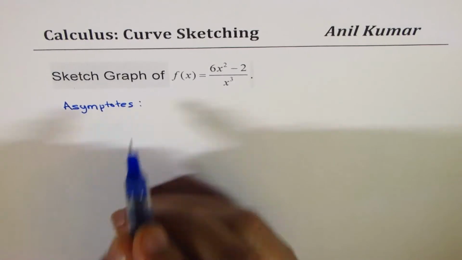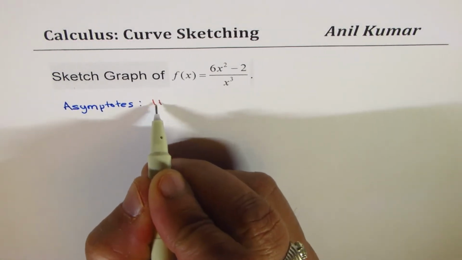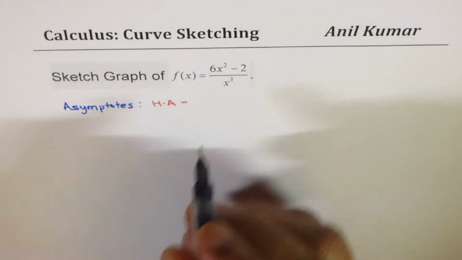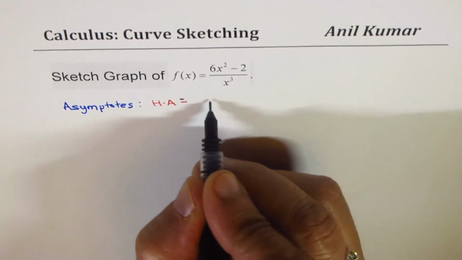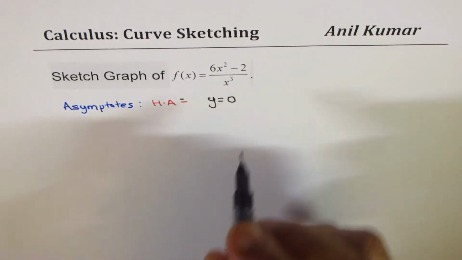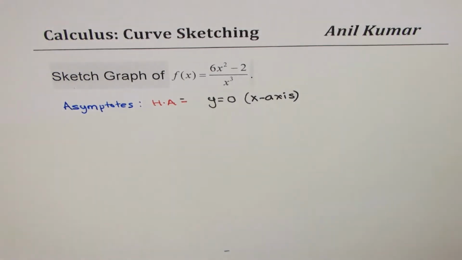As you can see, in this particular case, we have two asymptotes. One is a horizontal asymptote. Since we know that the degree of the numerator is 1 lower than that of the denominator, the x-axis is our asymptote, whose equation is y = 0. So the horizontal asymptote is y = 0, which basically is the x-axis.